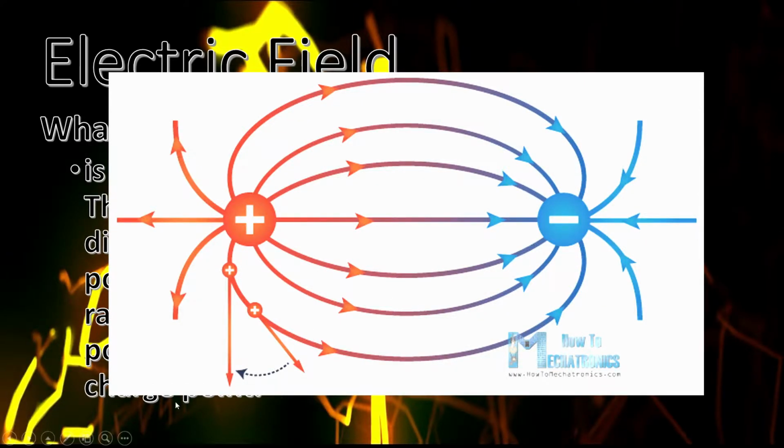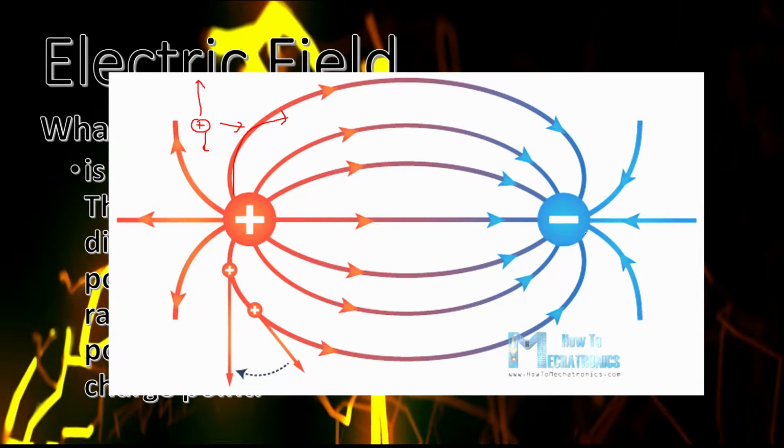So in this picture, this is actually called a dipole with a positive and negative charge. If the charge point is positive, the lines would go outwards. Okay, so in a single charge, if it's just positive, it will just go something like that. It will not actually curve.